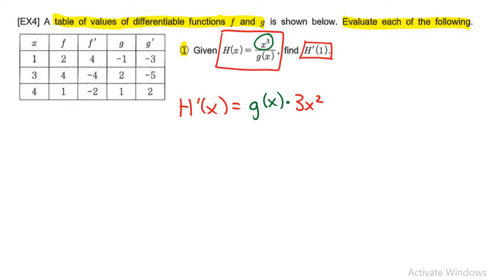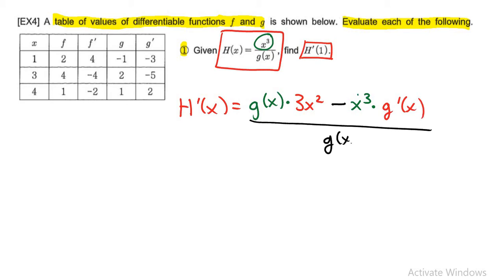And then the quotient rule states that I need a minus sign, and then I can write out the numerator now, which is x cubed, times the derivative of the denominator, and that's going to be g prime of x, all divided by the denominator squared, which is g of x, I'll put blue brackets here, all to the power 2. So that's my derivative.